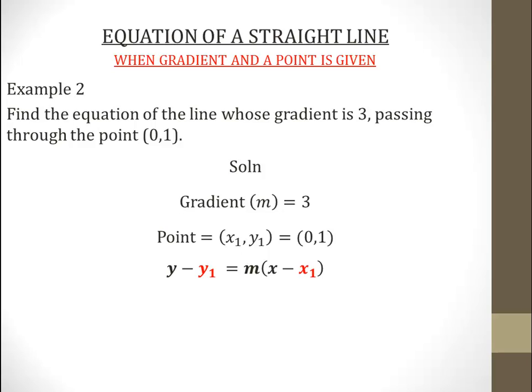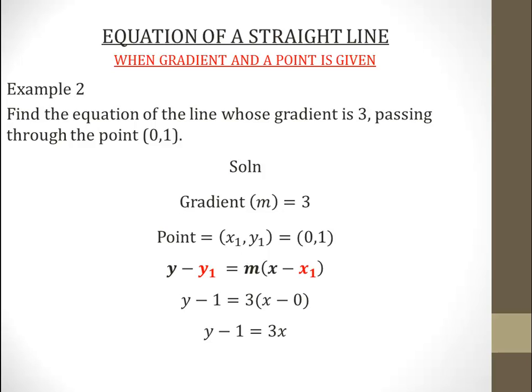Either you are using this second rule for all your questions, or you are using the first rule for all your questions, or you are mixing them. It is up to you. So I know y1, I know x1, I know m. So I have y minus 1, then I know my m, which is gradient, to be 3, then into bracket x minus 0. So I'm going to get y minus 1 equals 3x.